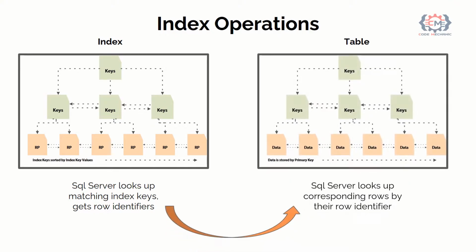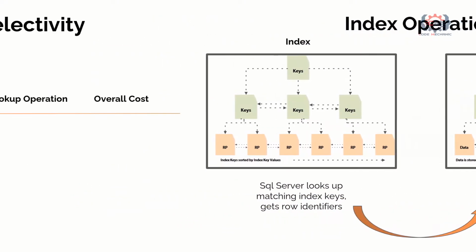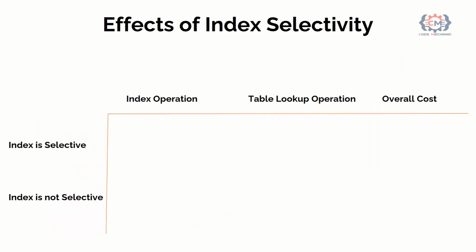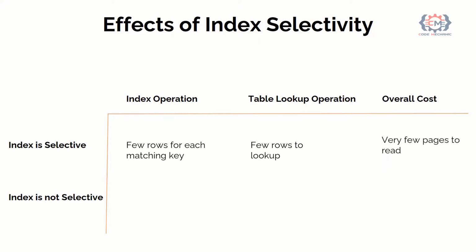Then SQL Server takes this row identifier and looks up the actual rows in the table, which, as we have talked about, is usually another tree structure called a clustered index. So, if the index is selective, we will only find a few matching values in the index that we have to look up in the table. So, we are doing a small number of I/O operations overall.